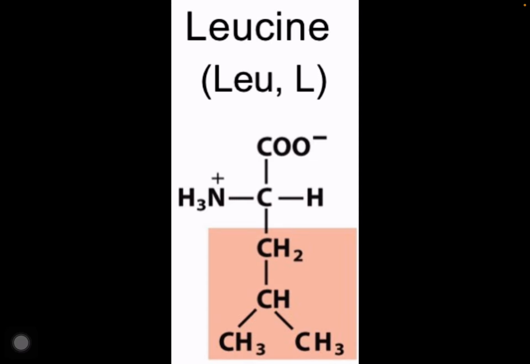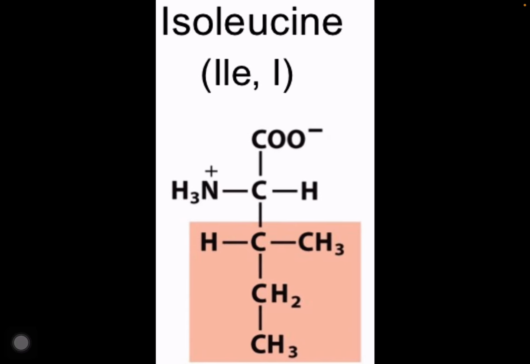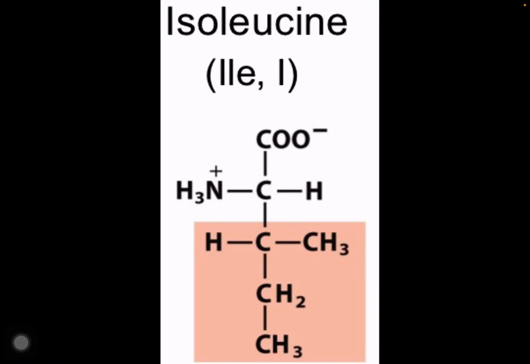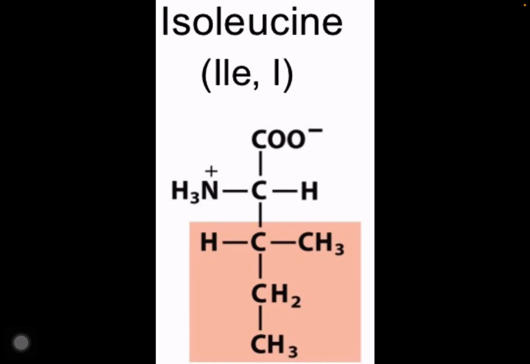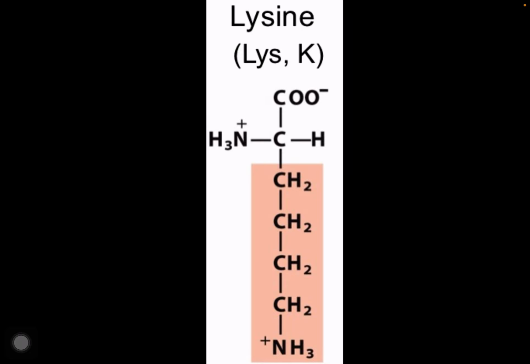So leucine, very straightforward, Leu and L. And isoleucine is the isomer of leucine, so it's called iso. It just replaces one CH2 with a CH, and it can bind one more methyl group.